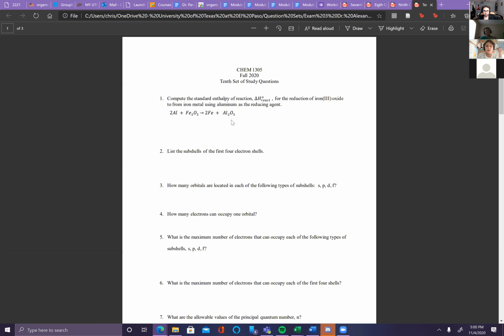But since he's giving it to them. In the test, you're definitely going to be given the values, but in these practice problems, you have to look them up.